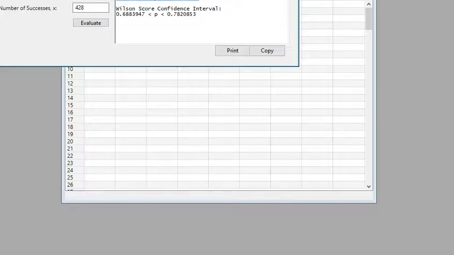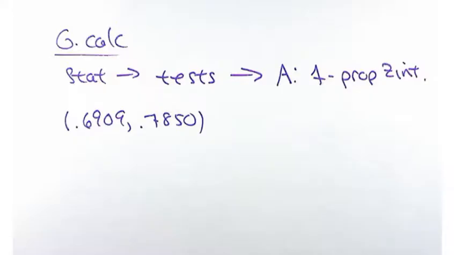The important thing, though, with technology, now that it's so easy to get these numbers, is to interpret them. So let's talk about the interpretation. What does this mean?